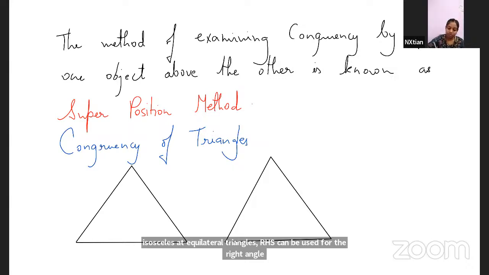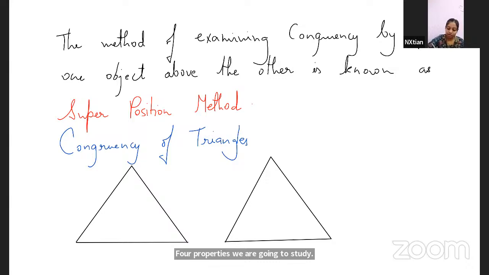Now, talking about measuring the congruency, either we'll see the length of the sides, if they are congruent or not, or we'll see if this angle and this angle are equal or not.